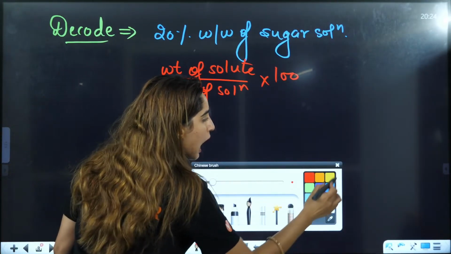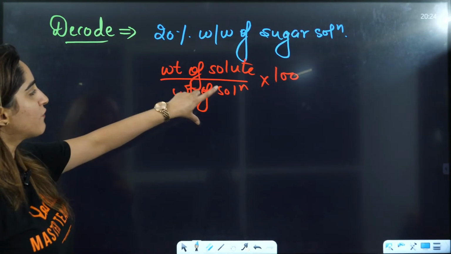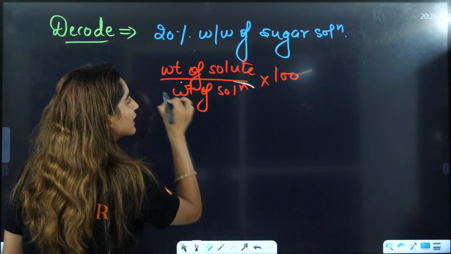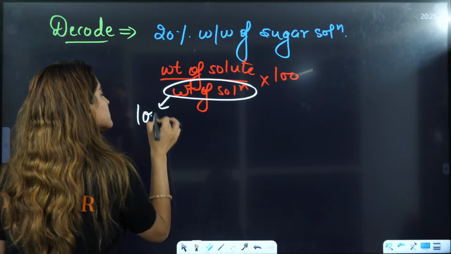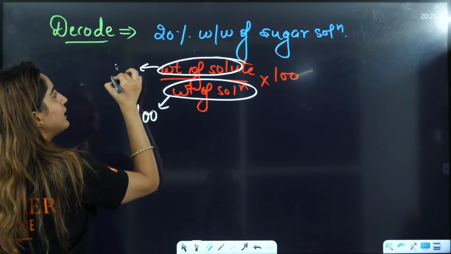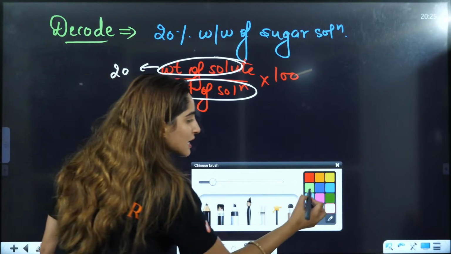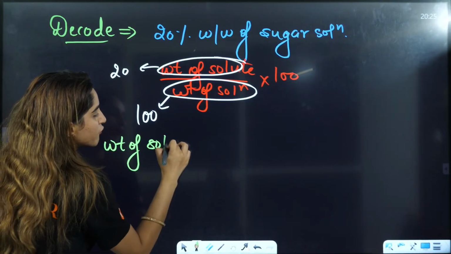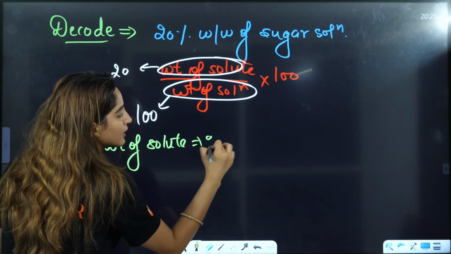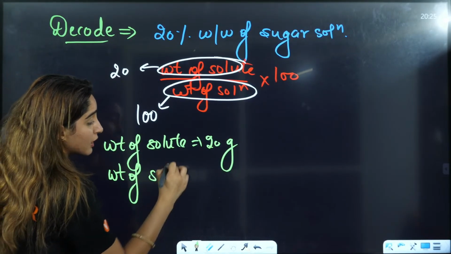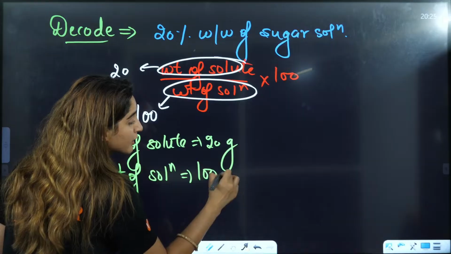Now, how can I solve this? Whatever is given here, you will take as 100. Because the percentage is given to be 20%, this will become 20. So weight of solute is 20 grams. Weight of solution we have assumed to be 100 grams.